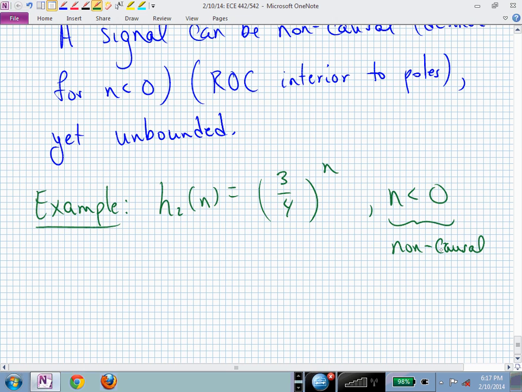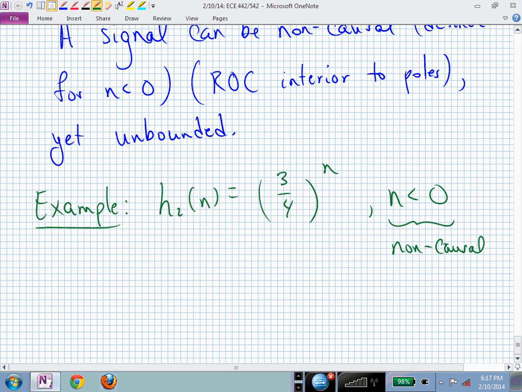There's our non-causal. And this now says that we are unbounded because one or more poles are inside z equal 1.